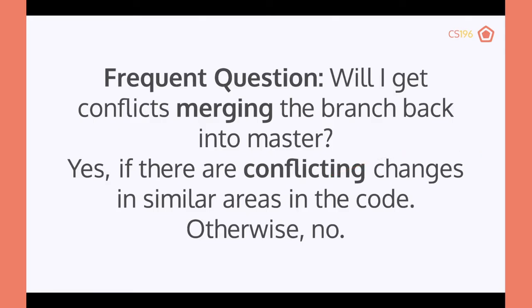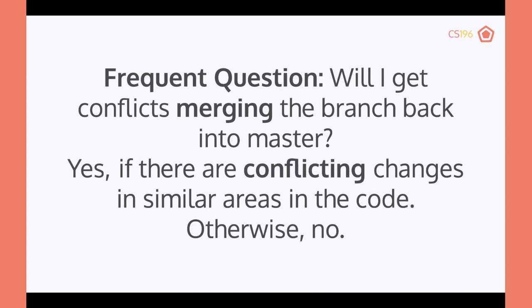So here's a frequent question that a lot of people ask when they first learn about branching in Git, and that is, will you get a conflict when you're merging into, like, master? And the answer is yes. Just like with a pull, which is a git fetch and a git merge, if you have a conflicting change in a similar area of code, it's going to cause a conflict.